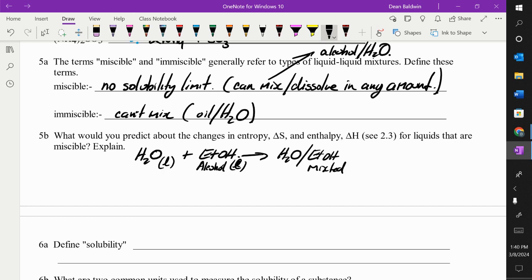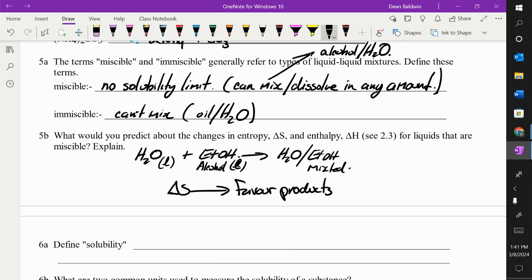Mixed. Okay, so what is delta S going to favor? The mixed or the pure form? The mixed, right? Because that's more random. So delta S is going to push this way and favor the products, because a mixed form is more random and everything tends towards increasing randomness.